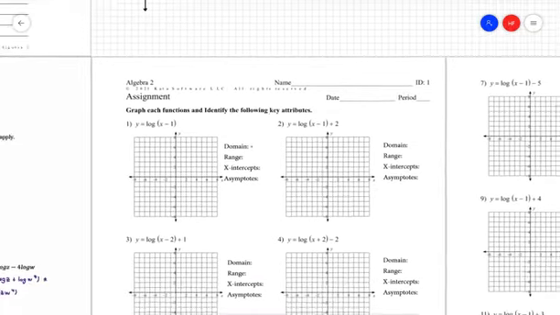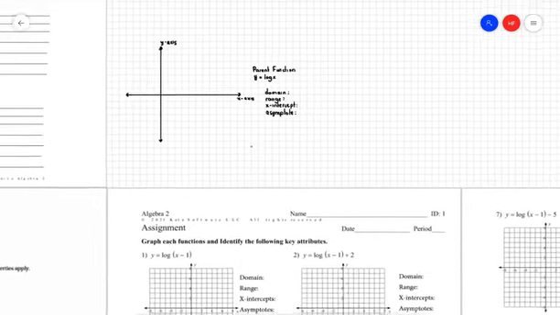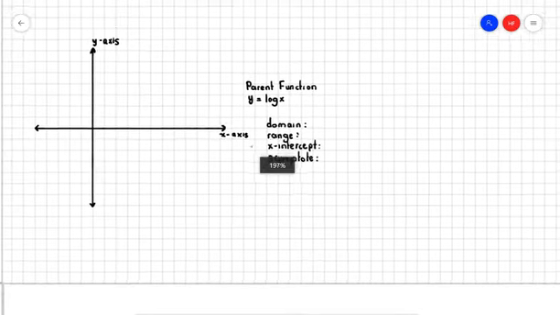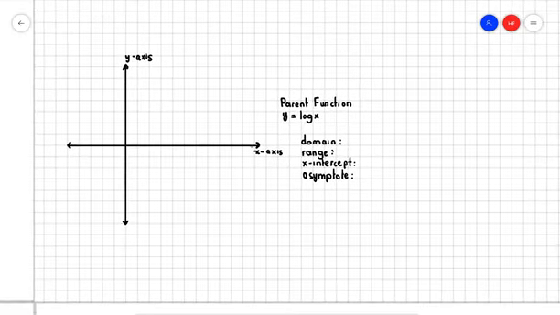Now starting with the graphing, we are going to graph the parent function first, which is not on the worksheet. So the parent function is y equals the log of x. I am just going to quickly go through and graph it. You would be able to graph this with a calculator if you needed to.